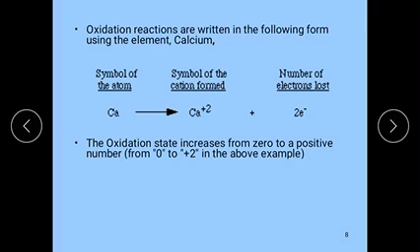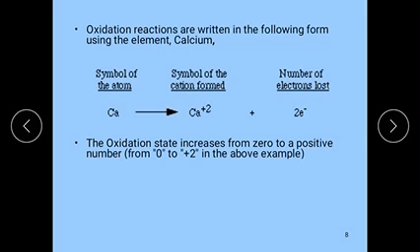In the elemental state, the oxidation number of an atom is 0. When it forms cations, the positive charge is equal to the oxidation number of an element, not a molecule. For a molecule, we can calculate the oxidation state in another way.